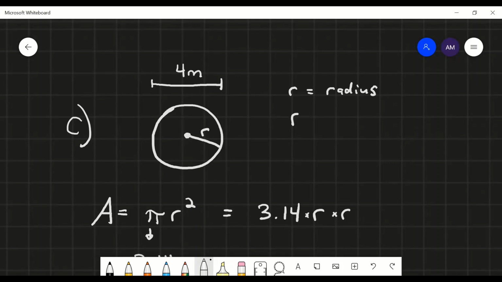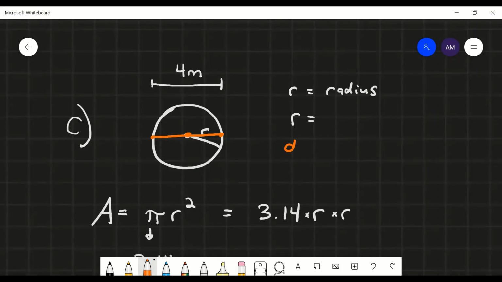So would I put 4 meters for this? Because I see a 4 meters up here. Well, actually, no. We would not put 4 meters for the radius because 4 meters is the diameter, which is the distance from the outside all the way to the other outside as it crosses through the middle.